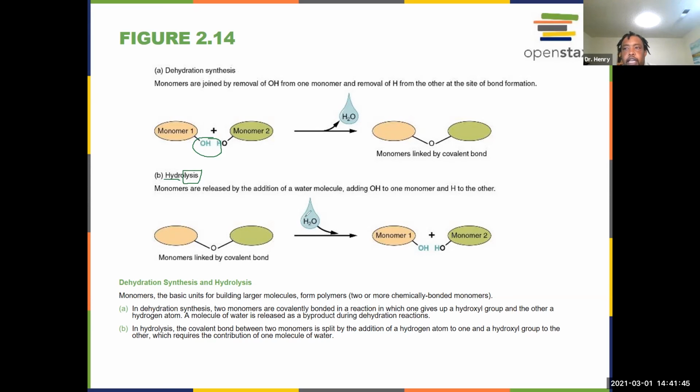It splits the water molecule: OH goes to one of the monomers, H goes to the other, and then we get two independent monomers that we've broken down from that one together. So this would be an example of what type of reaction? If synthesis was building up, this is what? Decomposition. Decomposition, exactly. So your body is constantly using this, right?